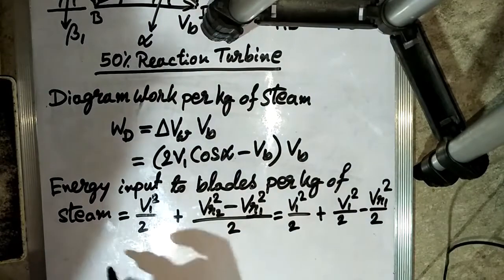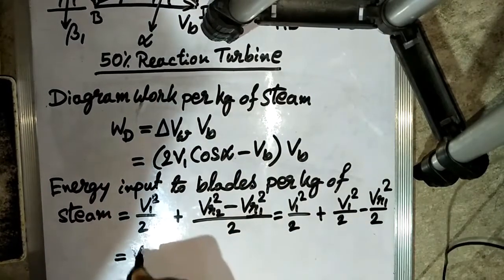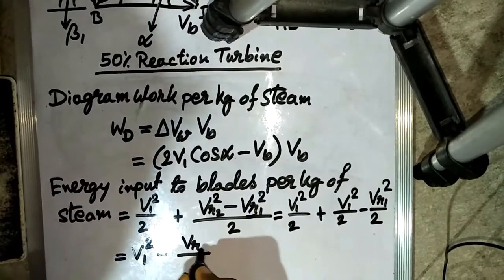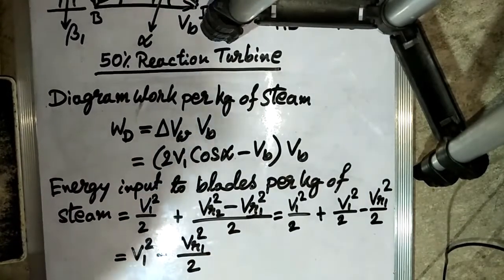So the value becomes (V1 square minus VR1 square) by 2.